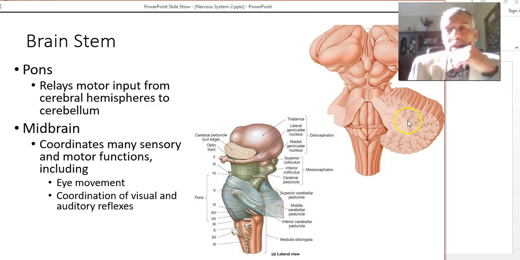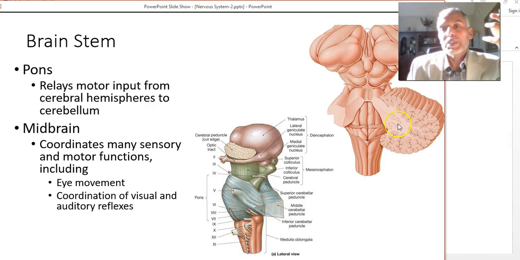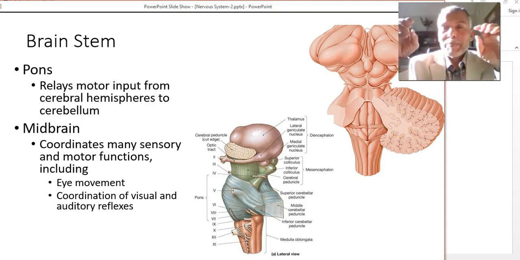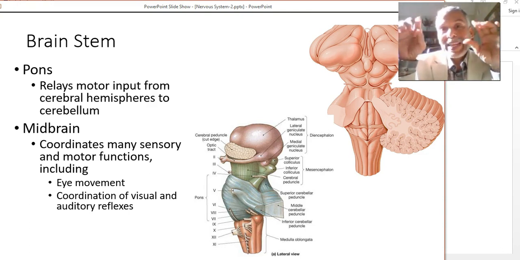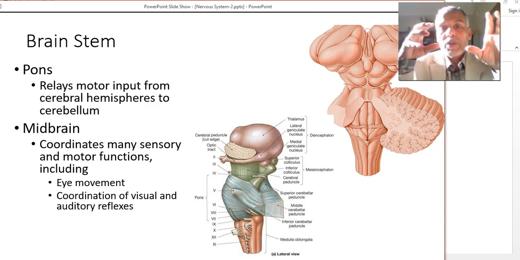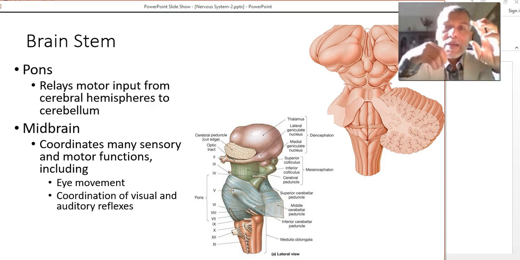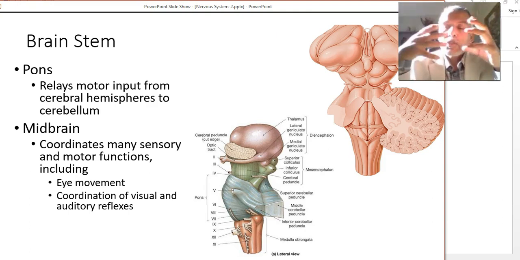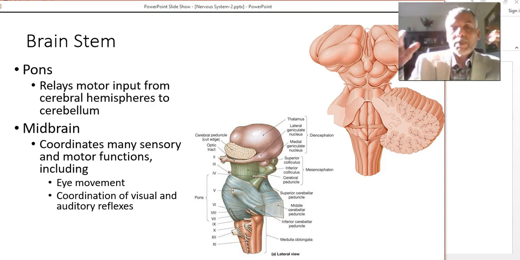So the cerebellum is a major regulator of movement. It gives you fine motor control. As you are moving, it gives you feedback. It catches your mistakes as you try to move, and if there are any errors in motor movements, the cerebellum can detect them and send them up to the cerebral cortex so that you can make corrections.